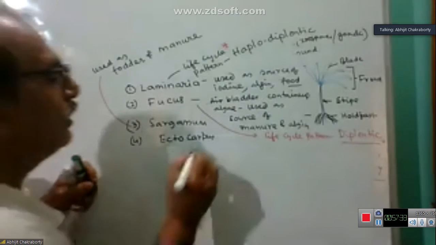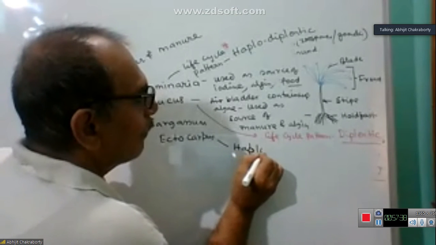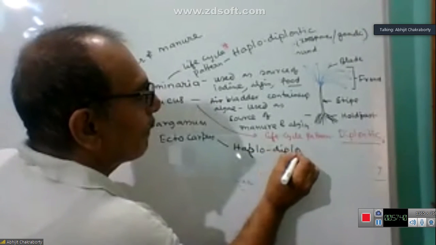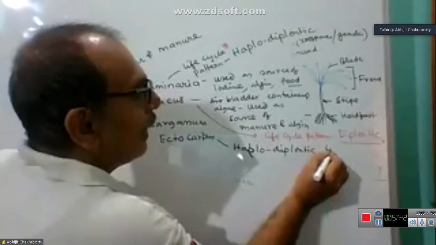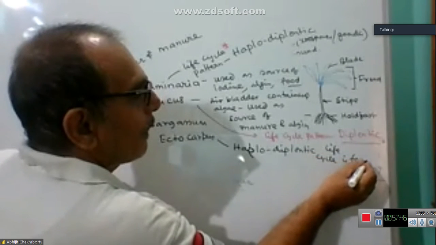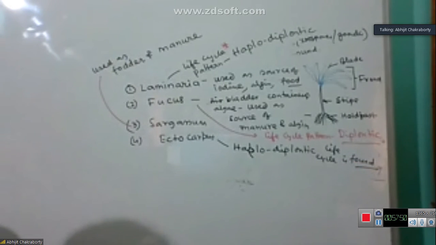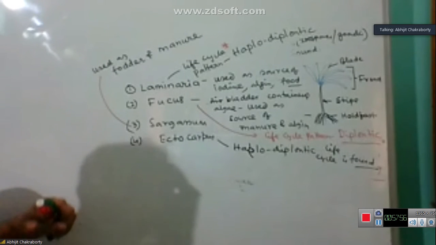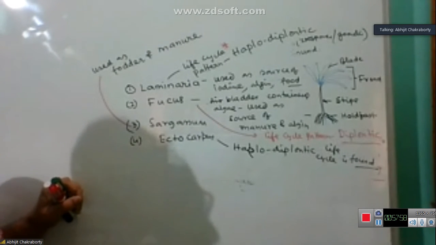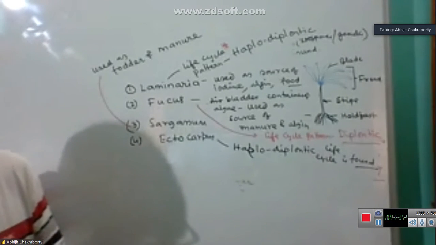So here also a haplodiplontic life cycle is found. In both Laminaria and Ectocarpus, a haplodiplontic life cycle is found, and in the case of Fucus, you need to remember that a diplontic life cycle is found.